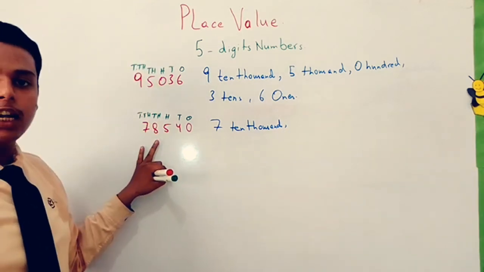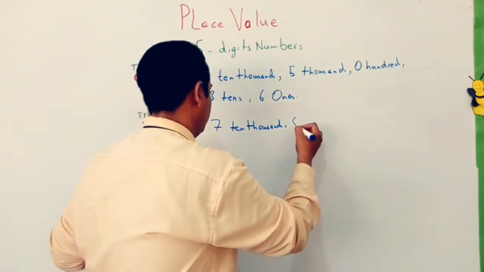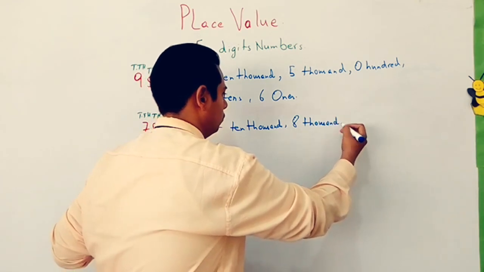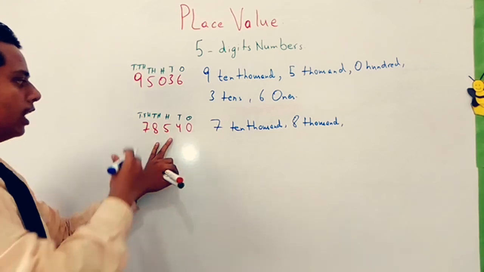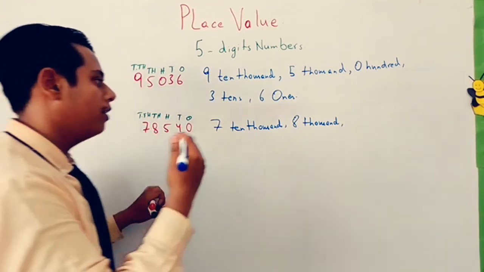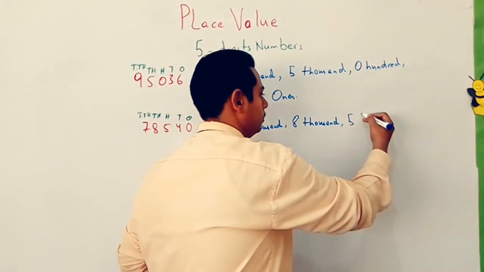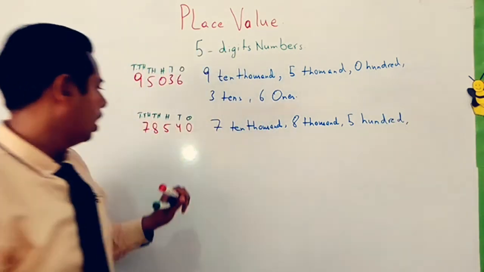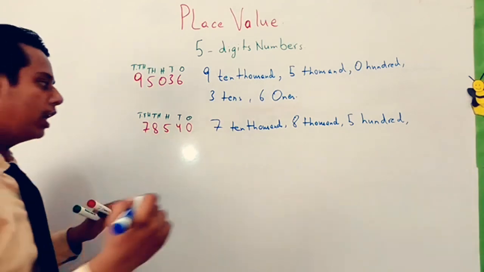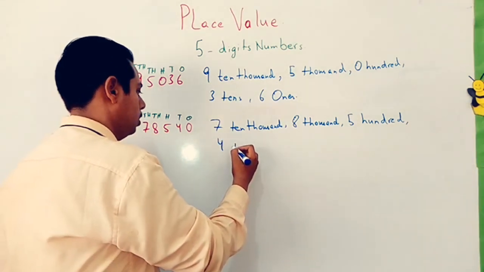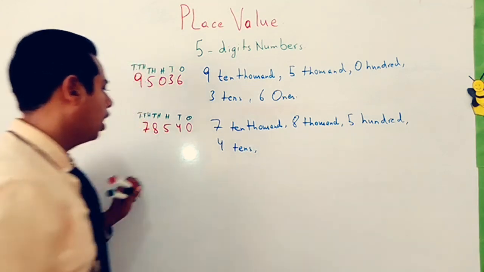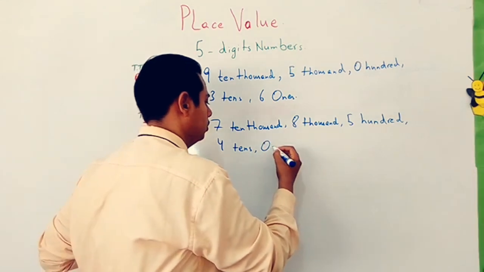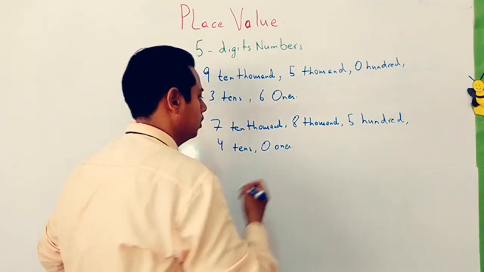Then how many thousands are there? 8. 8,000. Then how many hundreds are there? 5. So 500. How many tens are there? 4 tens. And how many ones are there over here? 0 ones. Fine.